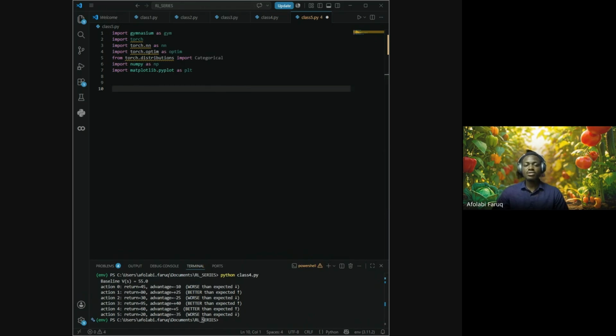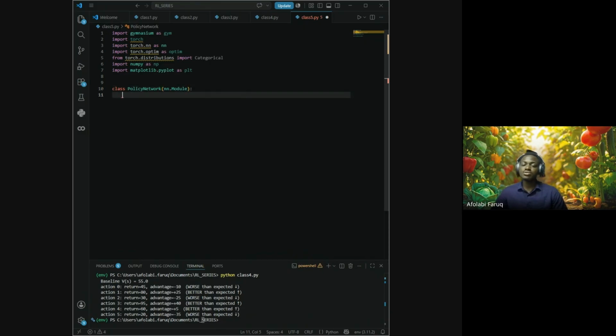The first thing we are going to do is build a neural network class, and that's how PyTorch works. Inside of this class, we are going to pass in nn.Module.